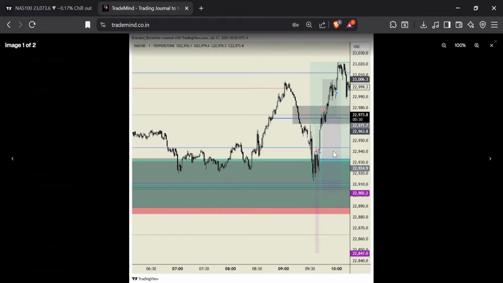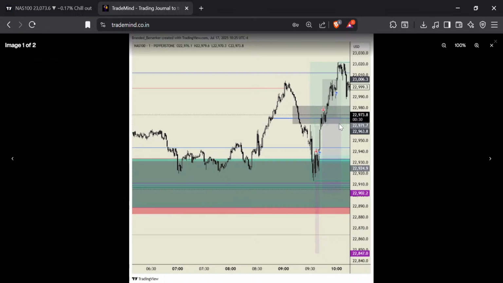The only thing that I have to do is go long, and that is also above the London highs as per my playbook. So what happened was, I went short here. That's a big fucking mistake, and I knew the moment I go short, I knew market was going to go up. But rather than cutting my losses, I was just holding the trade, and for some reason I was just praying, and I was just hoping that market would fall.